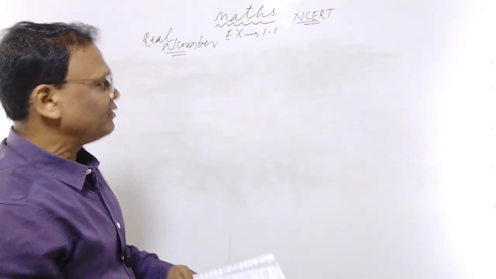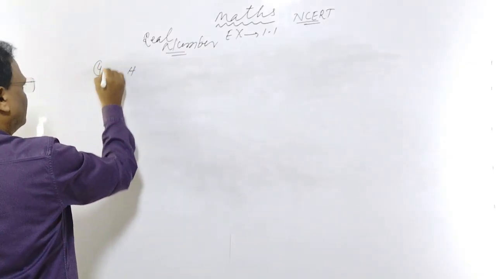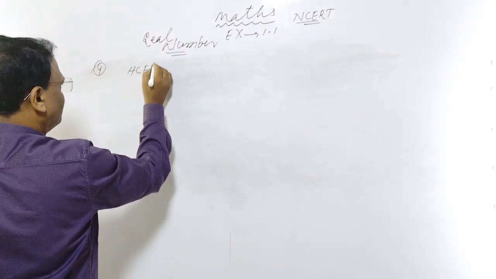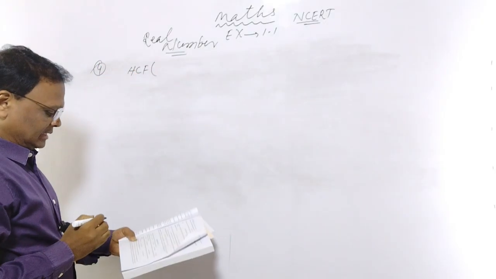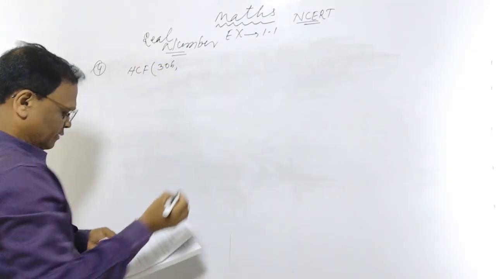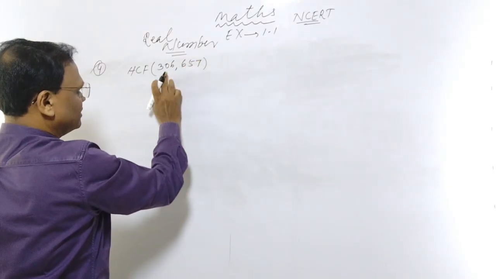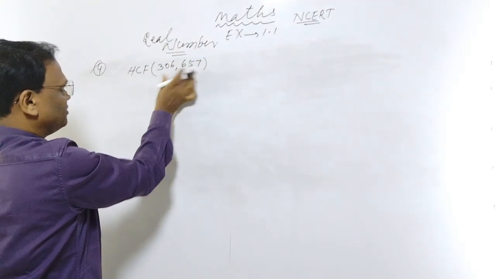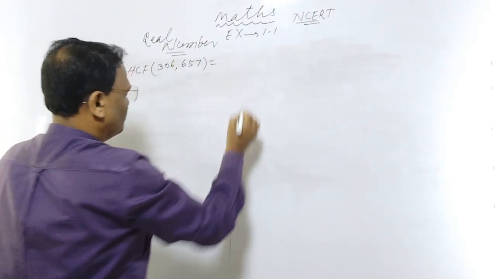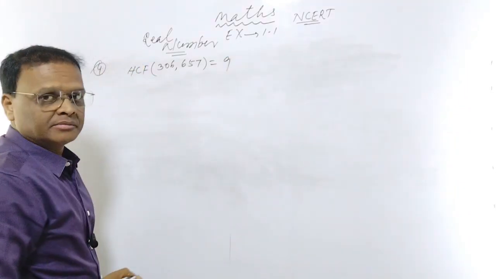The HCF of two numbers he has given. Those two numbers are 306 and 657. And these two numbers' HCF he has given, that is 9.